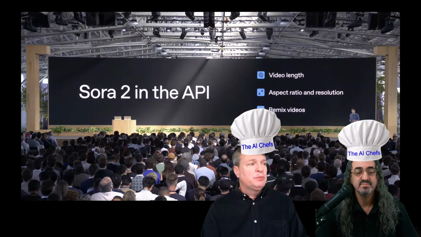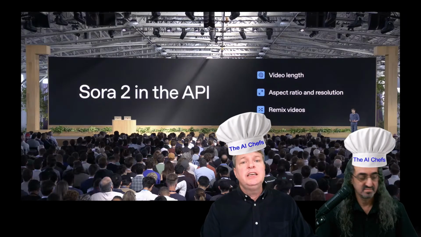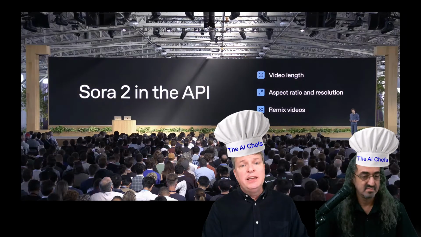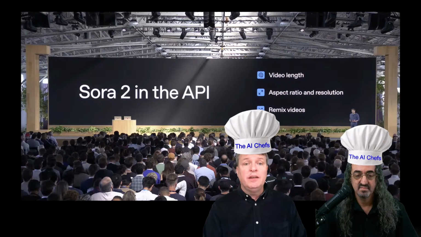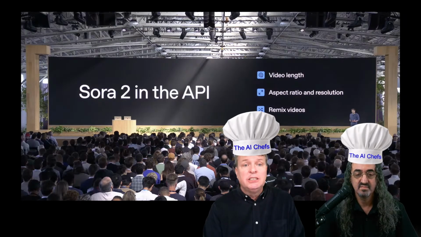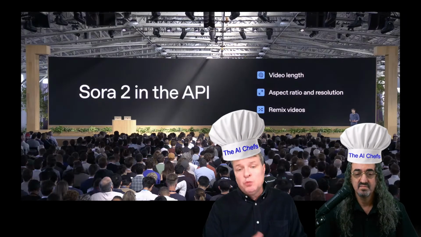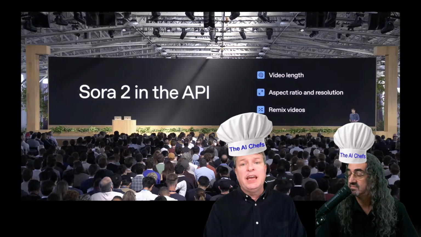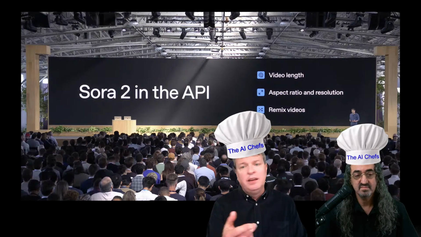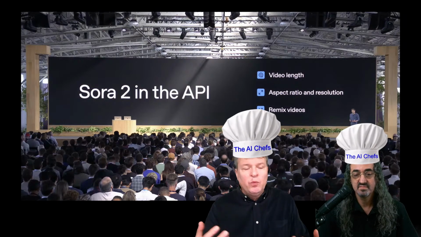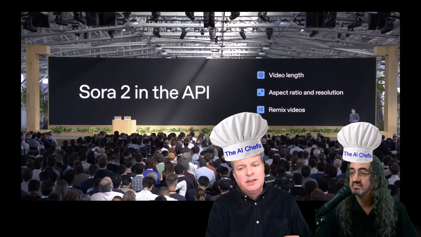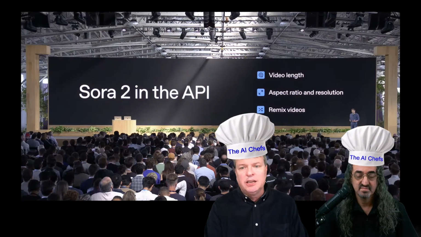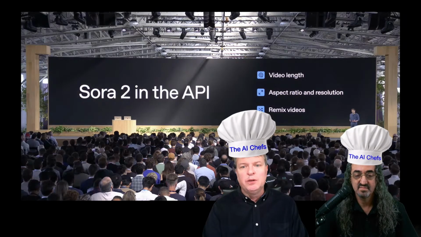So expect to see an unleashing of wonderful generative video in a whole host of different applications. Sora 2 wasn't available in the API, so developers couldn't add it in. Now they can control the video length, the aspect ratio, and they can remix videos. So you can do some cool stuff with real videos and adding some AI components to that.